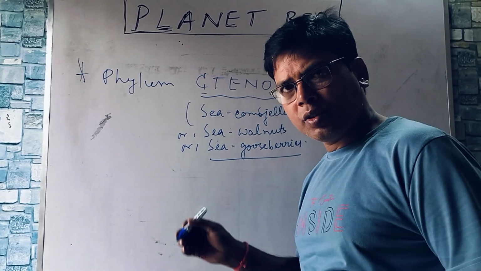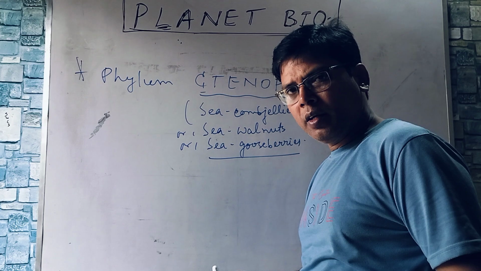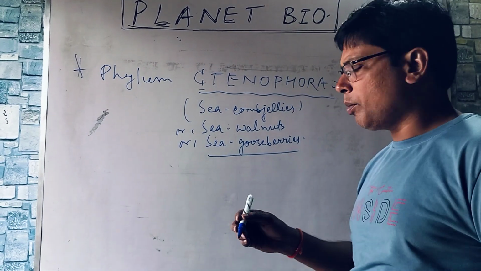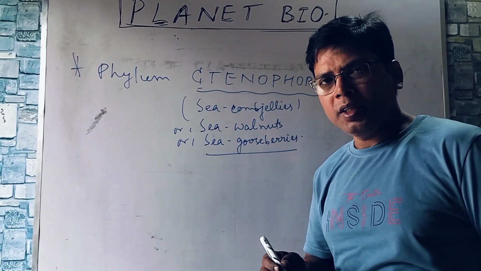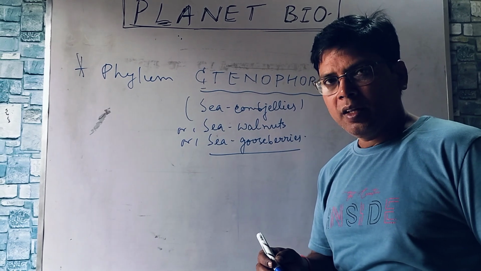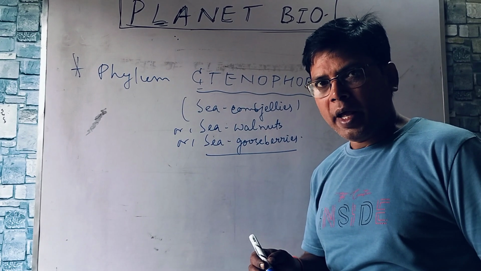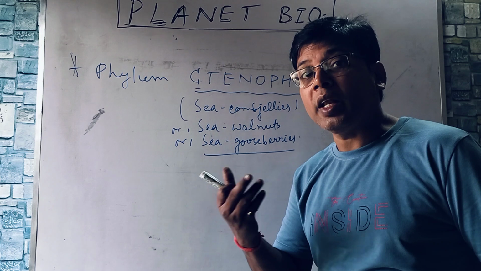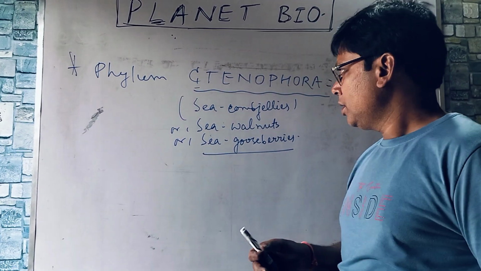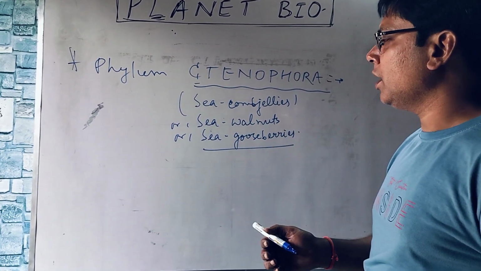So they are exclusively marine in occurrence, and they have a particular property called bioluminescence, the capability to emit own light. That's why different names are there.